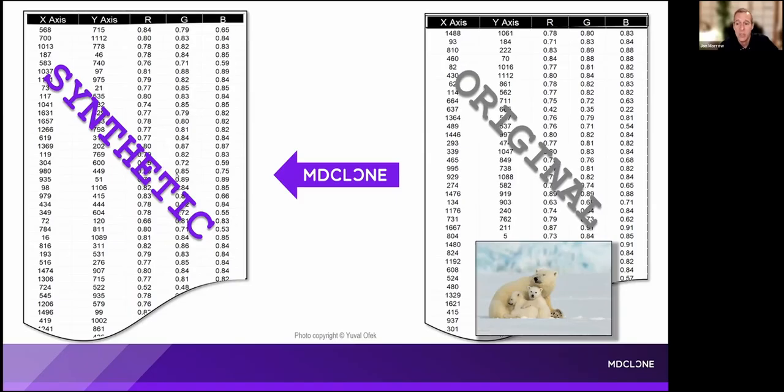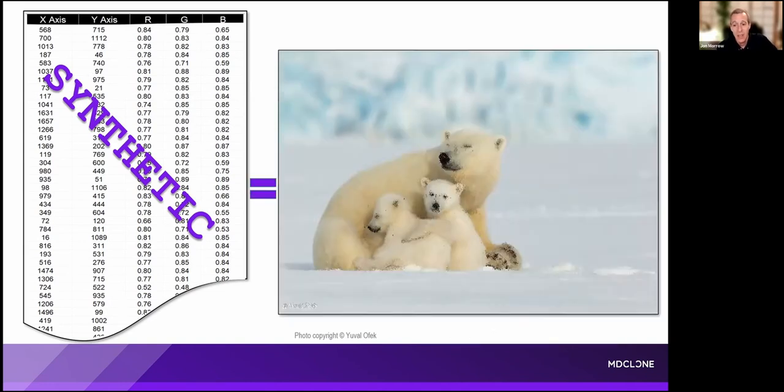The reds, greens, and blues all are numbers from 0 to 1. And now you can kind of see where this is going. Let's take this pixel map and let's turn this back into a picture. What is that going to look like? And lo and behold, out of MDClone ADAMS, you get a data set that when you plot it as a picture, you can see this is still a mama bear and her two cubs on a glacier.